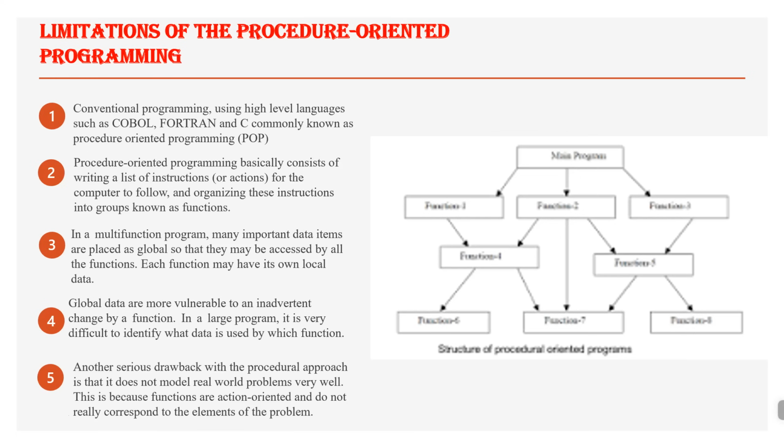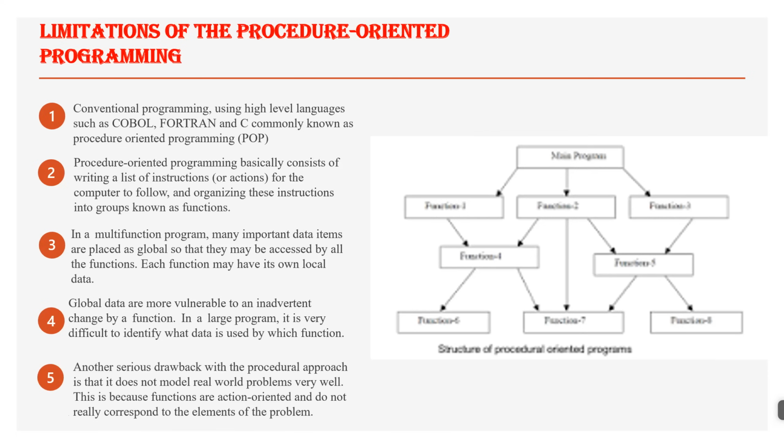So basically, procedure-oriented programming languages are function-oriented programming languages. Even object-oriented programming languages are also function-oriented, but there are changes when it comes to procedure-oriented programming languages. Basically, they are the languages which are grouped into sets of functions.